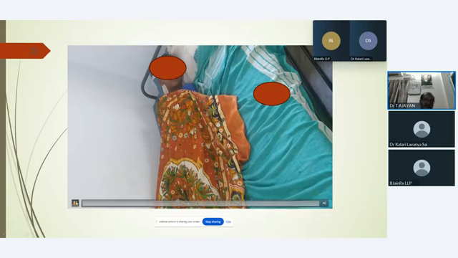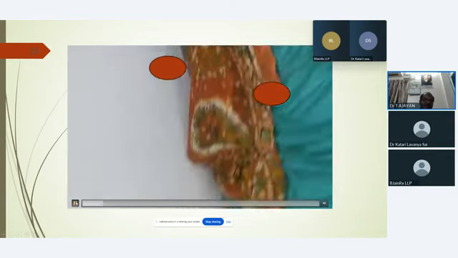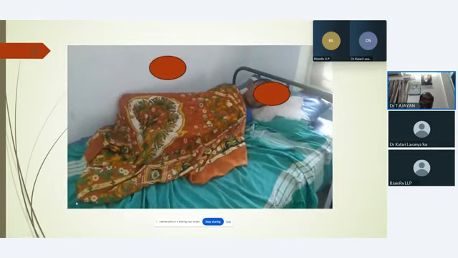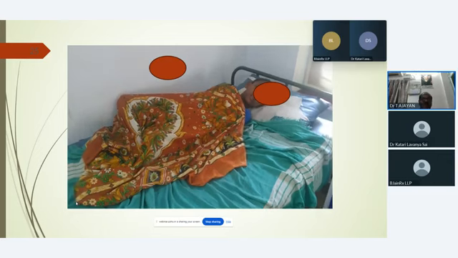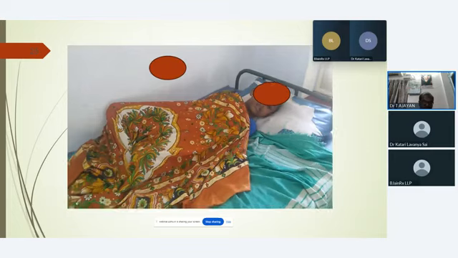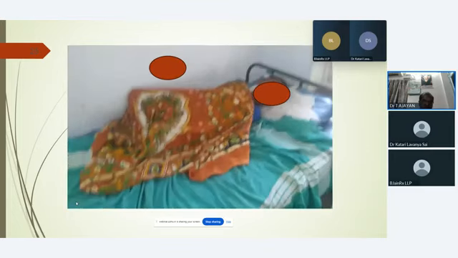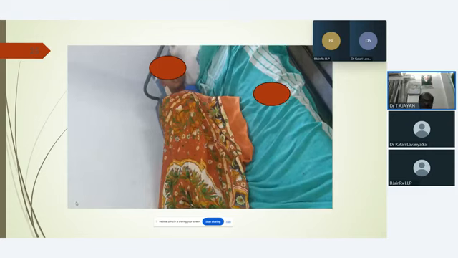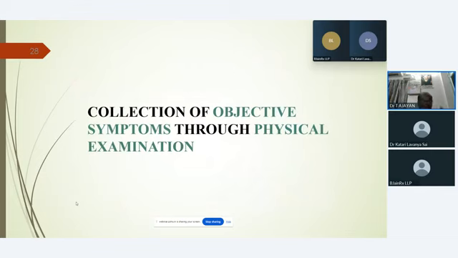The legs, they are keeping the legs in this position, just look. He is not able to extend both legs. Both legs are crossed. This is another case.